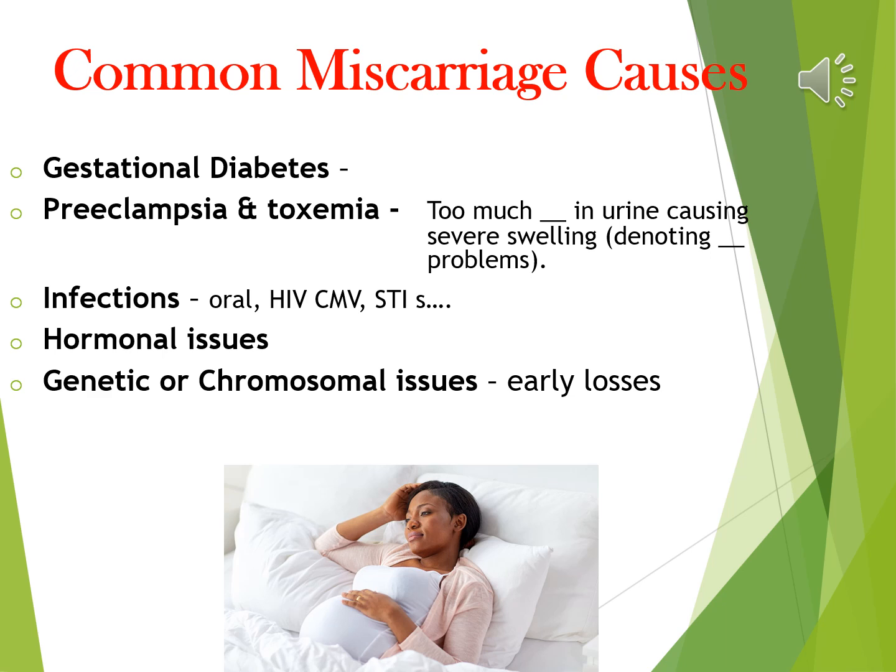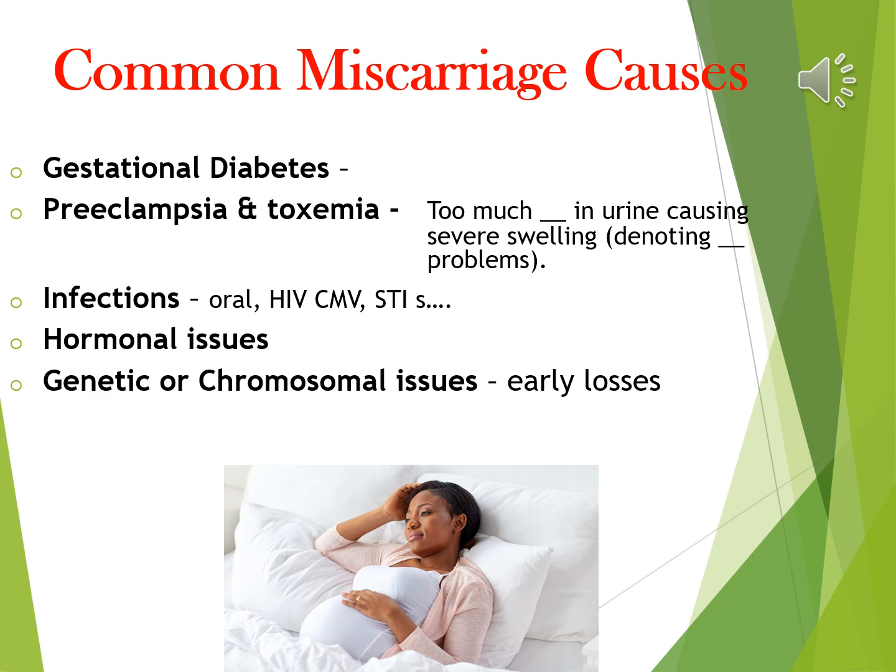There's also preeclampsia, or outright eclampsia, or toxemia. This occurs when there's too much something in the urine, causing severe swelling, technically edema. And that suggests there are problems in one particular structure. Think for a moment and see if you know what might go in the blanks. Too much.